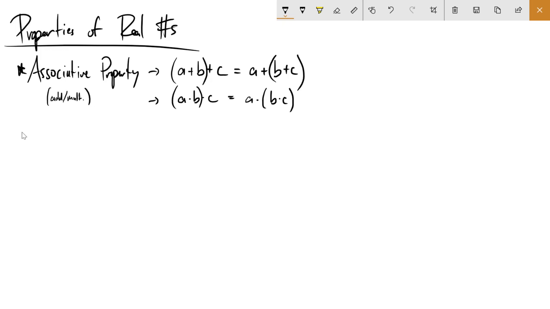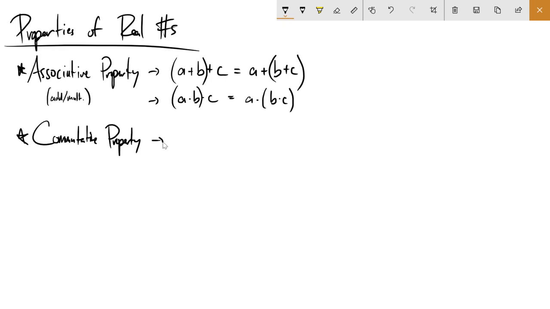All right. The other one that we can take advantage of is something called the commutative property. The commutative property says that you can do it in any order, but you can also write it in any order.